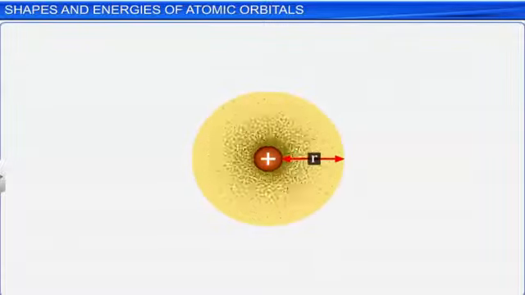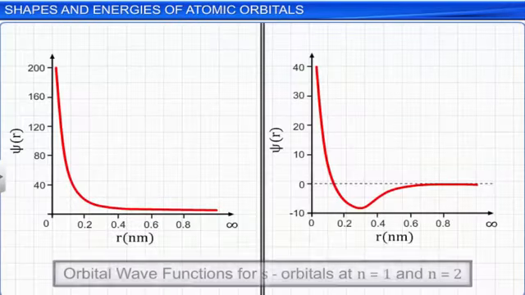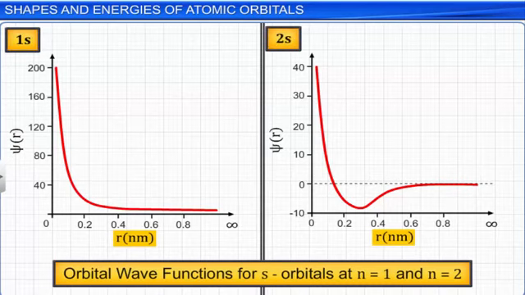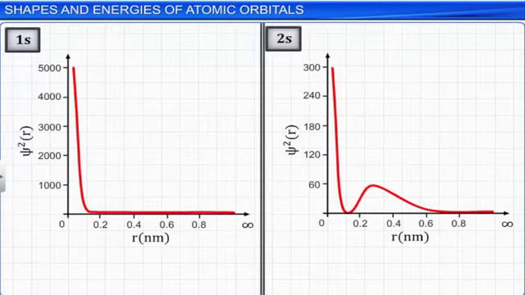Let us look at the plots corresponding to the orbital wave function psi as a function of distance of an electron from the nucleus, that is, r, for the 1s and 2s orbitals. Similarly, look at the curves of probability density psi square as a function of radius for these orbitals.